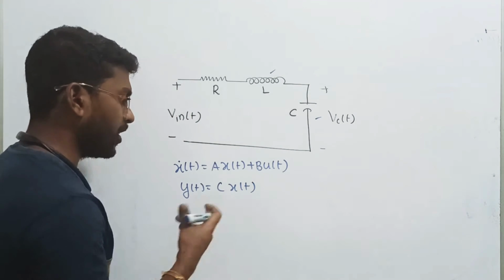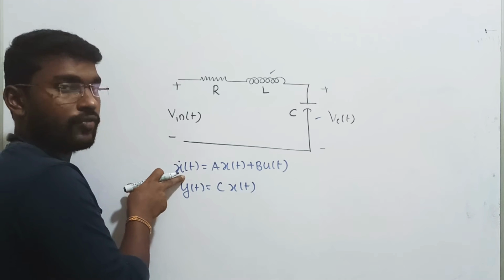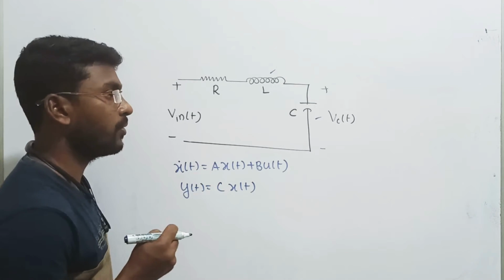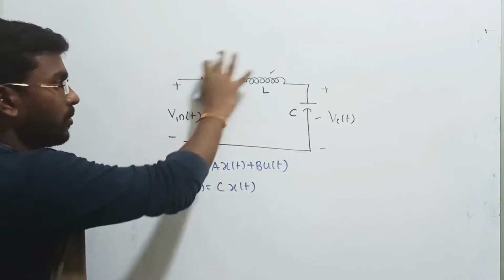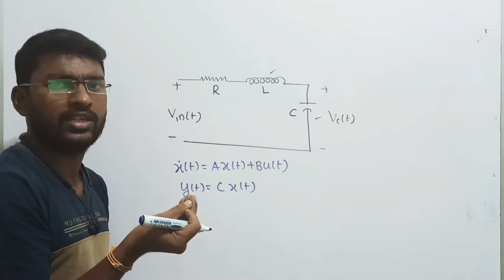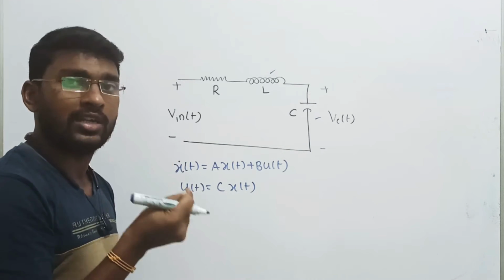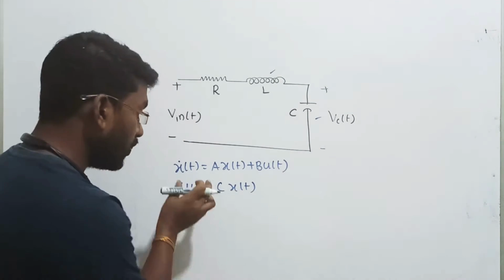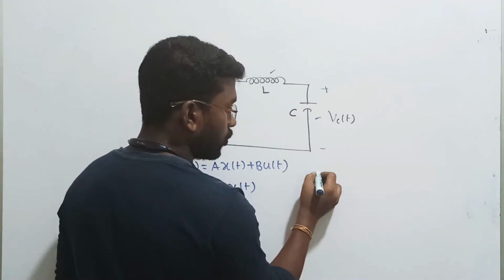Let us proceed. First x dot of t, the differential form of the state variable. See how many state variables there are in our question: only two, the inductor and the capacitor, which are called energy storage elements. The number of independent storage elements is the number of state variables. So I have two. We write them in differential form.